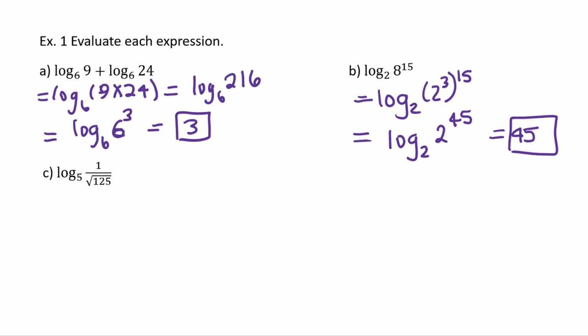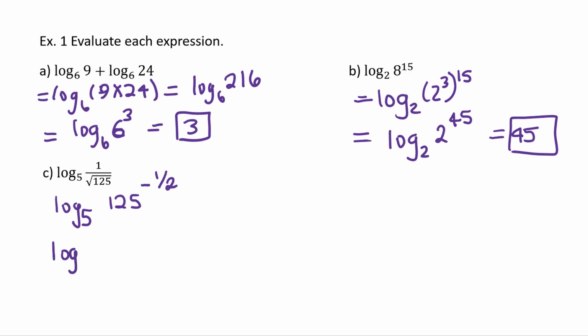Let's continue to part C. We'll begin by saying that log base 5 of 1 over the square root of 125 is equal to log base 5 of 125 to the negative. We're going to move the denominator to the numerator, and the square root is 1/2.